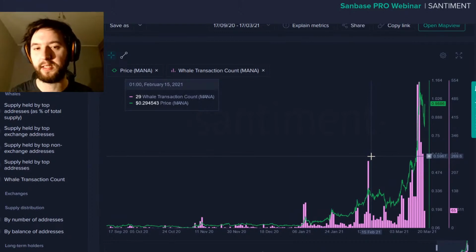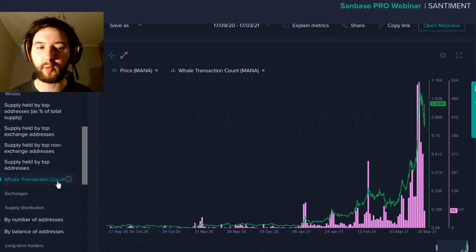It just means that, as the price of Mana rises, it's obvious that more of these transfers, which previously wouldn't be labeled as whale transactions, are now going to be labeled as whale transactions. So one of the things that we are experimenting with is having a toggle here where you can set up a particular amount that you can track.